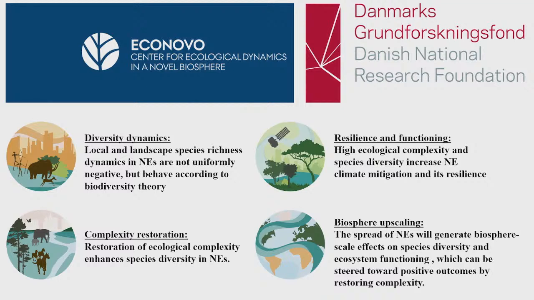We want to see whether the restoration of complexity within these systems, complexity in terms of the trophic impact, but also geodiversity, etc., would maintain this resilience and functioning of the system.